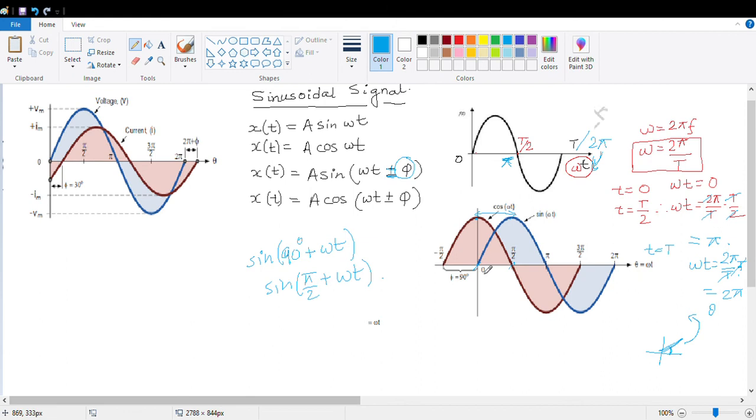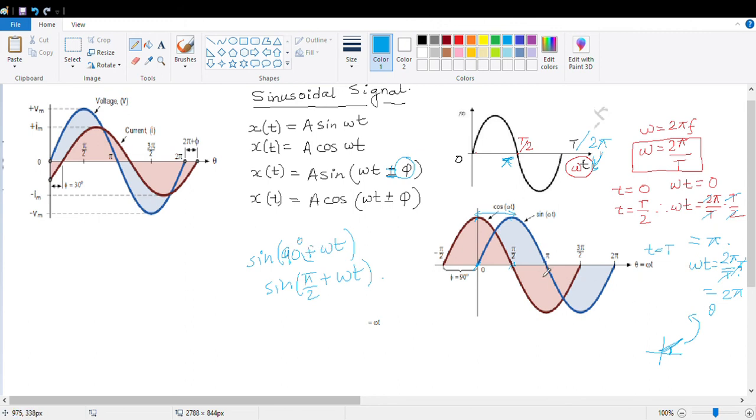If you find the phase difference between these 2 points, you will find it is pi by 2. If you find the difference from peak to peak, it will also be pi by 2. And this cos signal is ahead with respect to the sinusoidal signal, so it should have a positive sign.